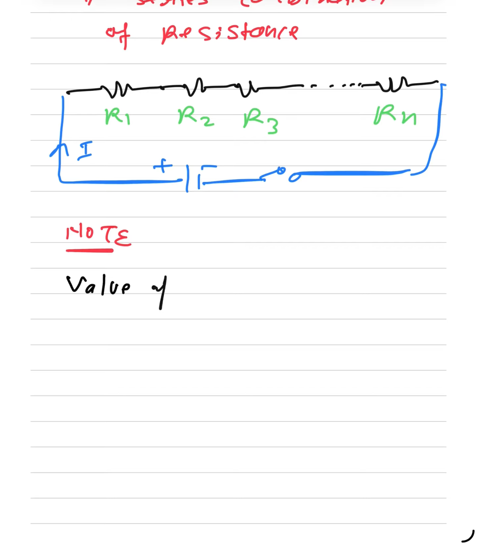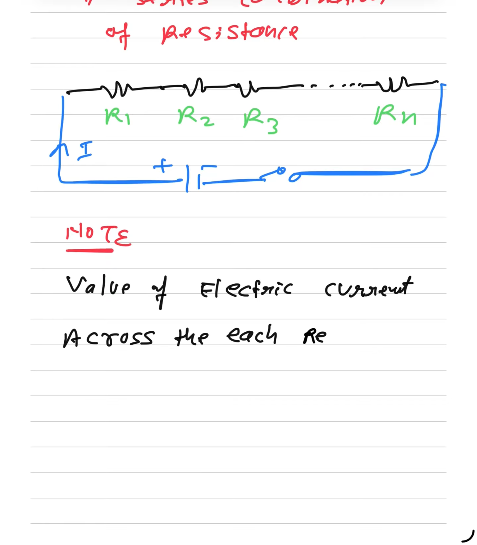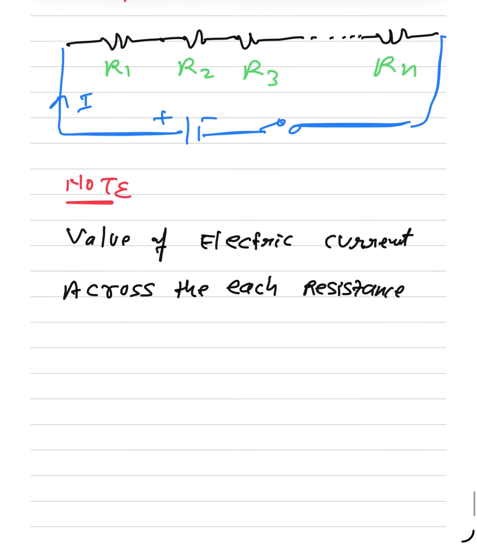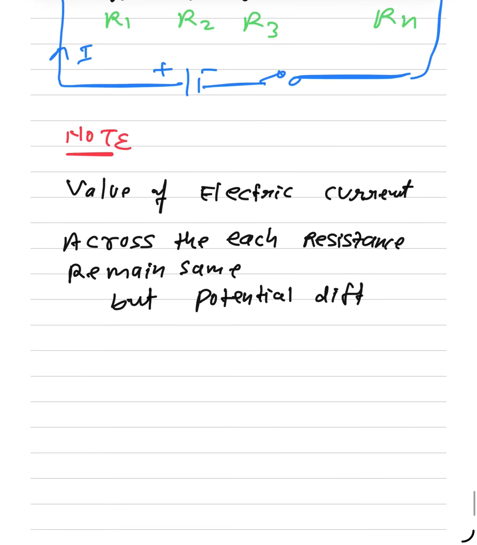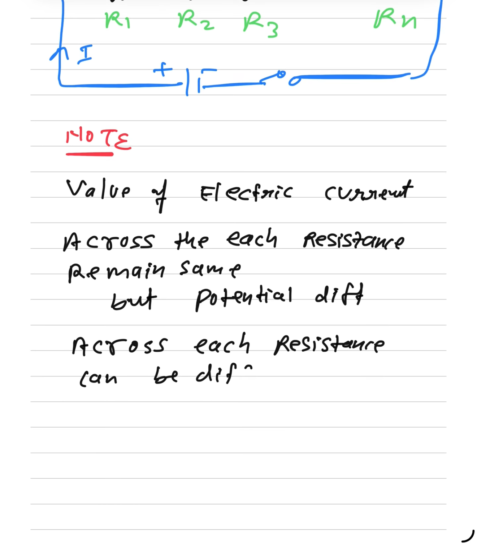The value of electric current across each resistance is the same, meaning it remains the same, but the potential difference across each resistance can be different, right?